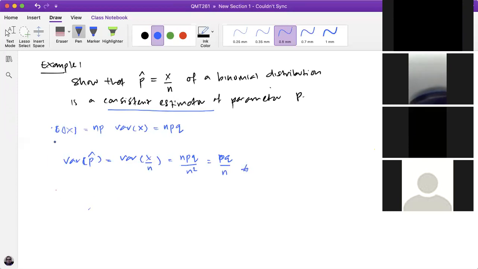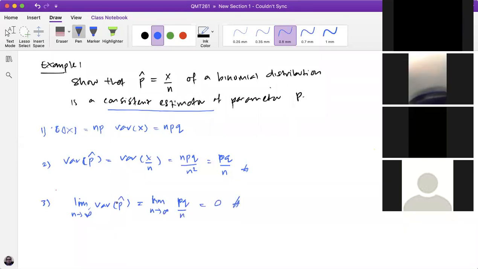This is the first step. The second and third step is we need to find the limit as n approaches infinity for the variance of p hat. It should be equal to 0, right? So the limit as n approaches infinity of pq divided by n is equal to 0.